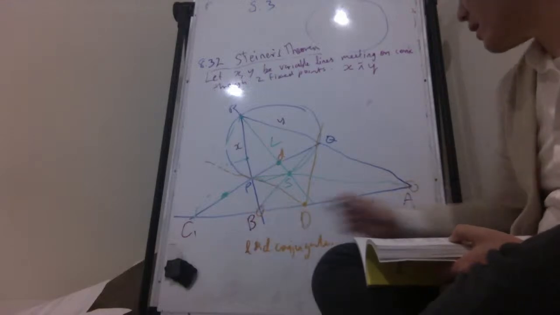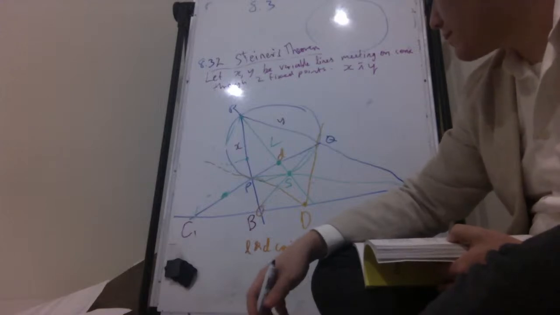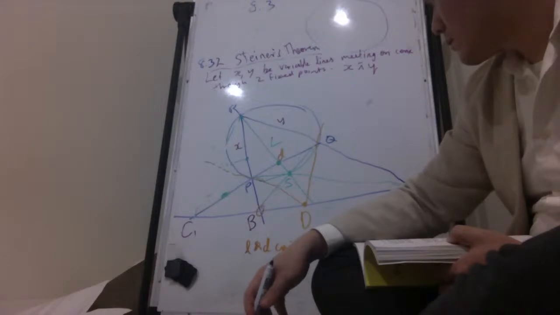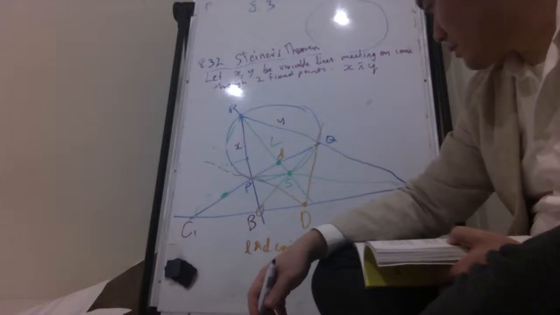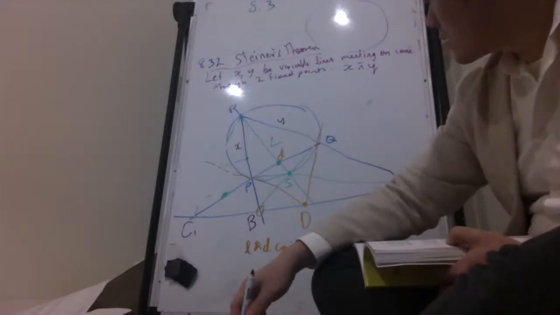And so B and A are projectively related to each other. If B and A are projectively related by means of the involution, then how can we extend that to a relation between X and Y?